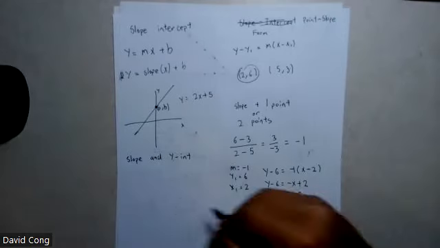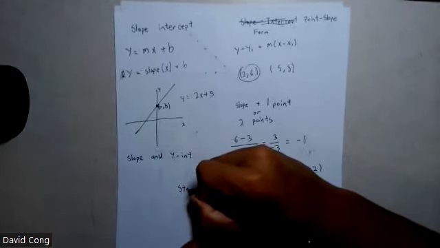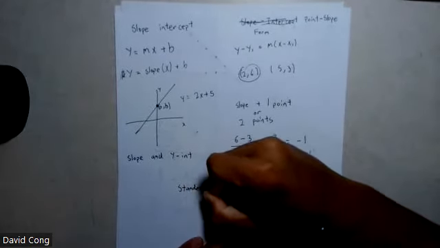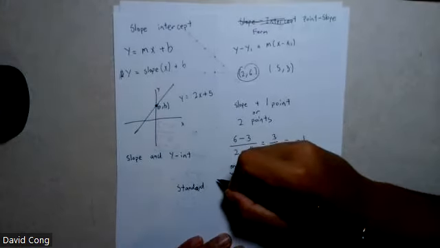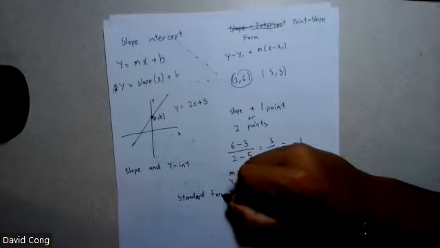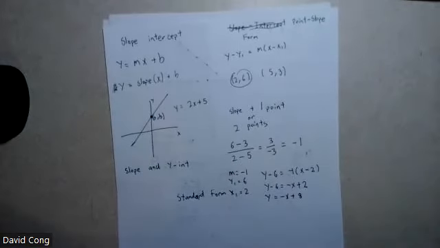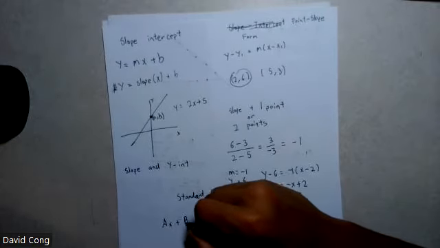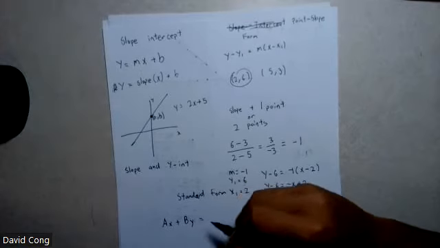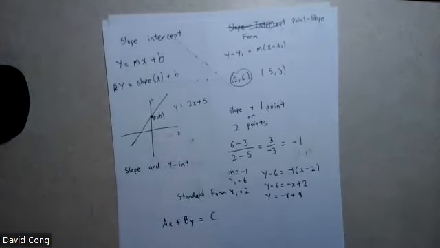And there's one last form. This one's called standard. I don't think I spelled that right. You use standard form usually in word problems, which is in the form of ax plus by equals c.